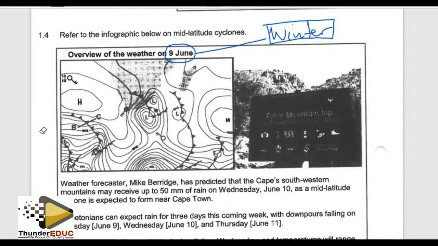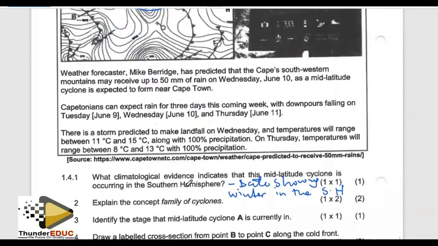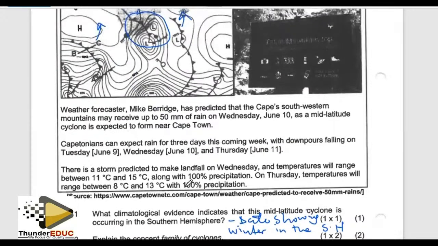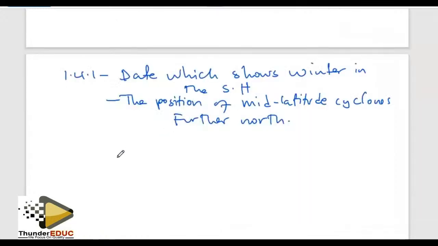Like I mentioned, in winter season, the mid-latitude cyclone is always situated further northwards, which is typical of winter, but in the southern hemisphere. Because we know that in the southern hemisphere, mid-latitude cyclones will be situated further northwards.